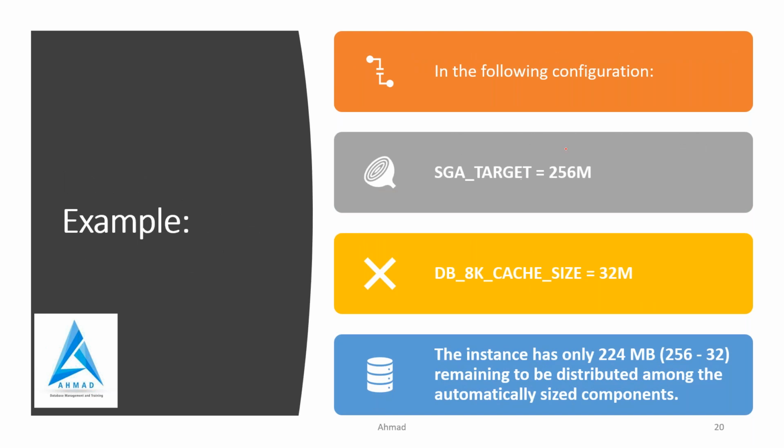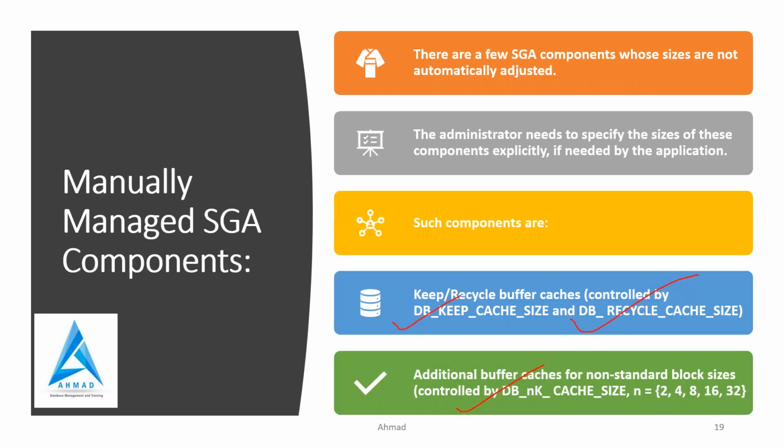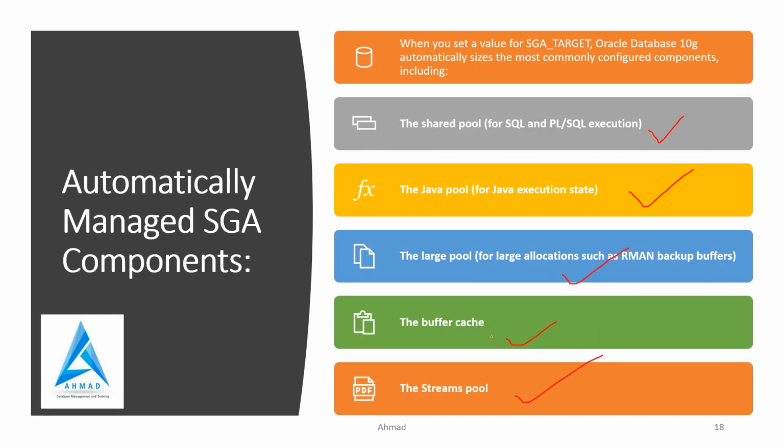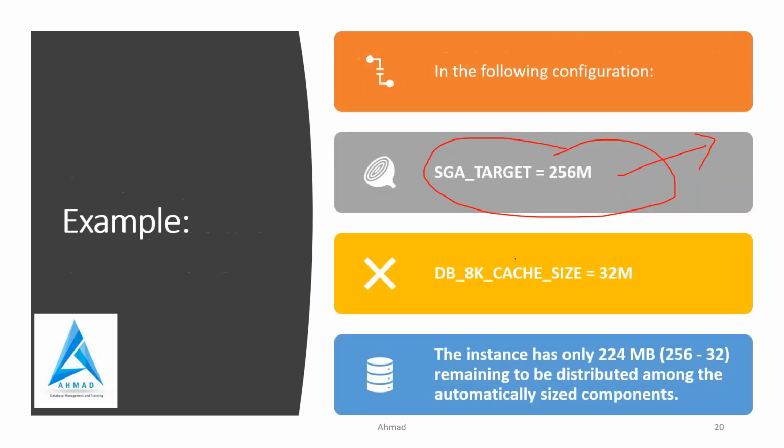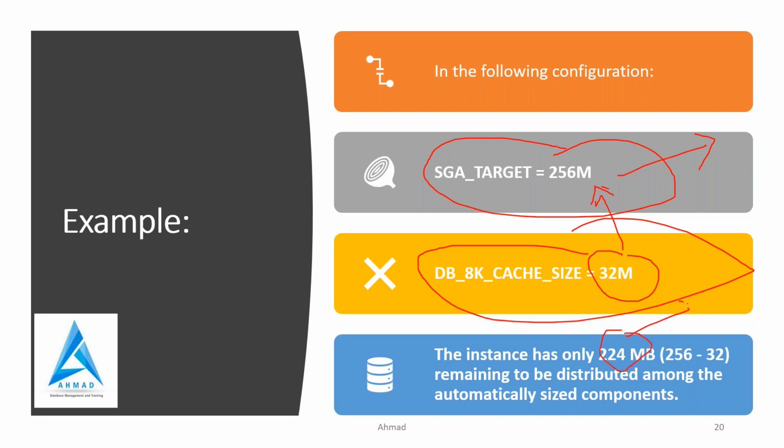When Oracle automatically manages the SGA, you don't need to set every component's parameter explicitly, but if you want, you can set it. That value will be subtracted from the total SGA, and the remaining value will be distributed among the components managed by SGA_TARGET.